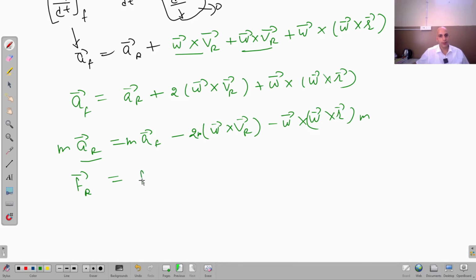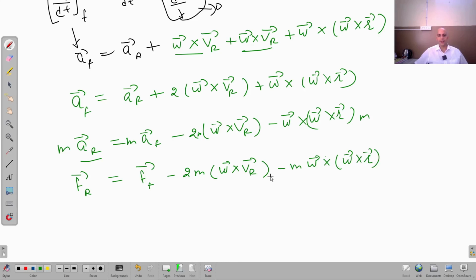This is the force acting on the body in a fixed frame, or stationary frame, minus 2m into omega cross Vr, minus m omega cross R, right?